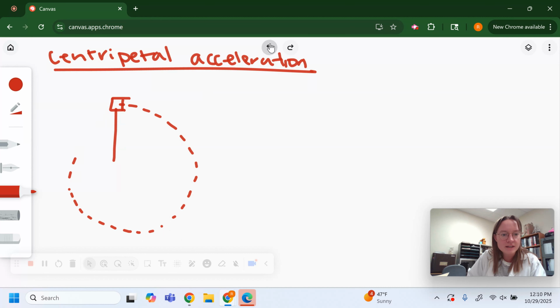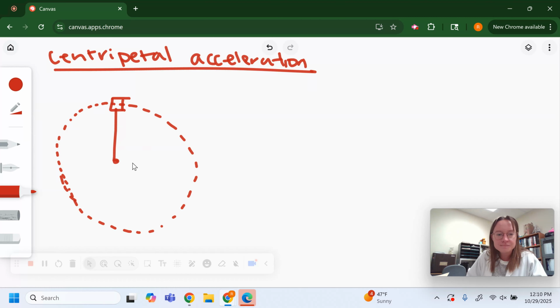Okay, try again. We can do it. Well, it's still a very bad circle, but you get the idea. The idea is that it's going in a circle, and I apologize for the badness of the circle. But the rubber stopper is going in a circle. I'm holding it here at the center like this.